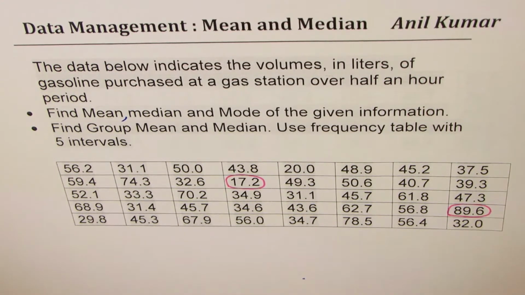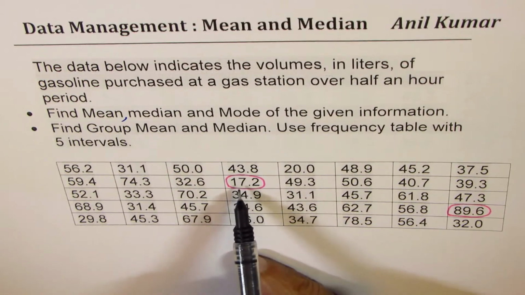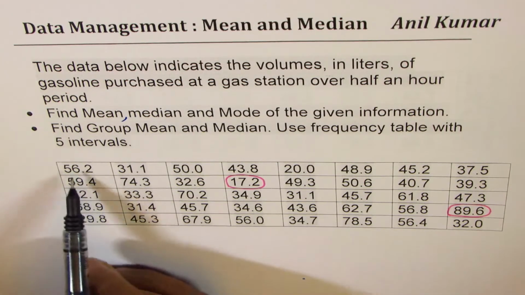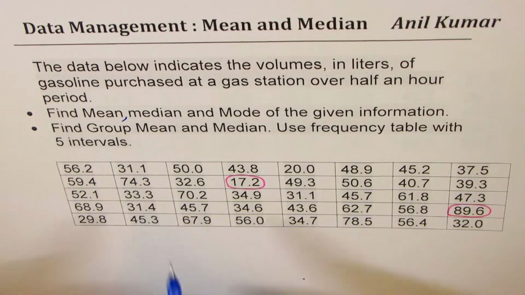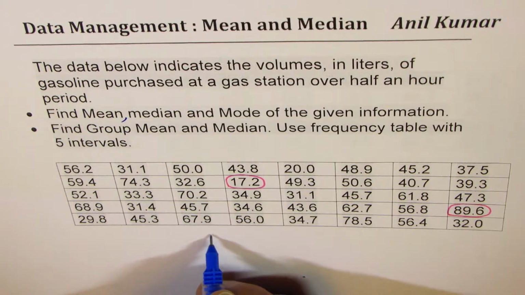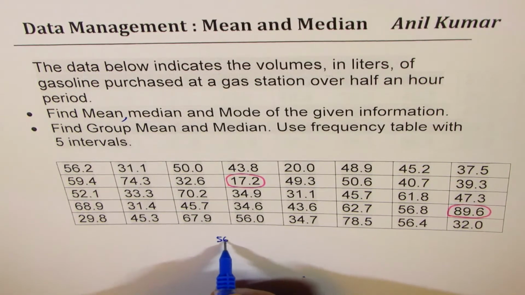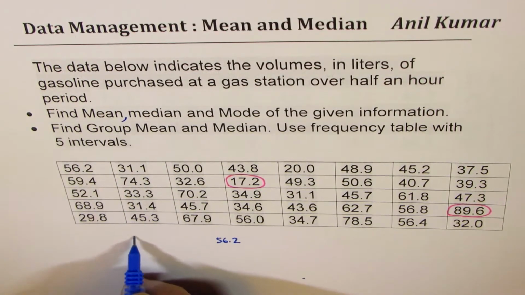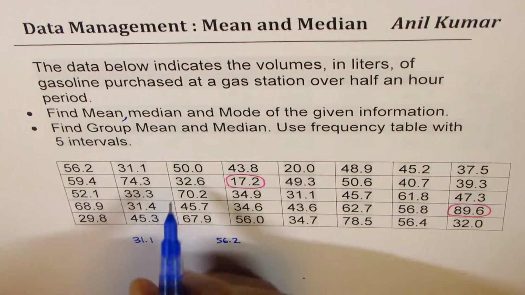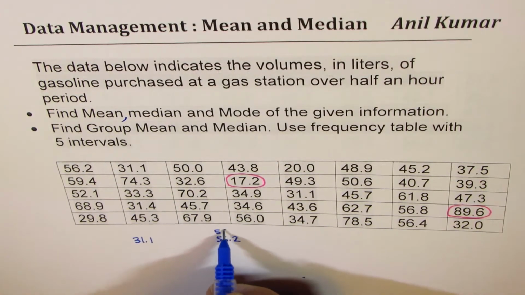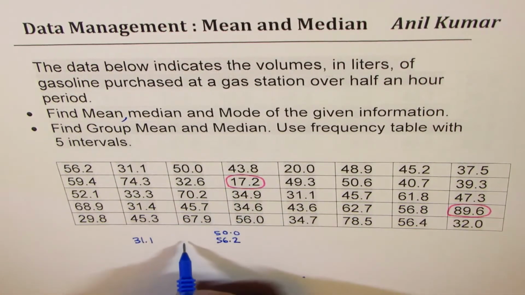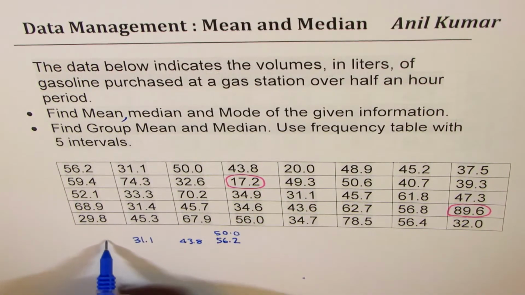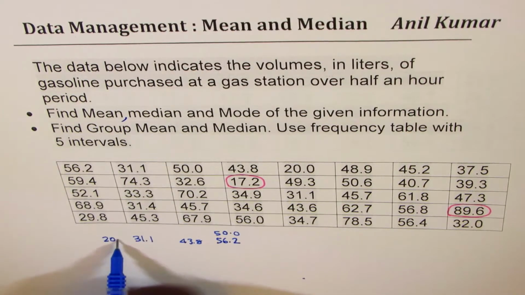Okay. Now let's begin. We know there are some numbers with 17 and 20, most are in the 30s and 40s, some with 56. So 56.2 is expected to be somewhere here. So we'll just write 56.2 here. 31.1 seems to be a smaller number. 50.0 is before this. 43 maybe here, 43.8. 20 is, let's say here, 20.0.